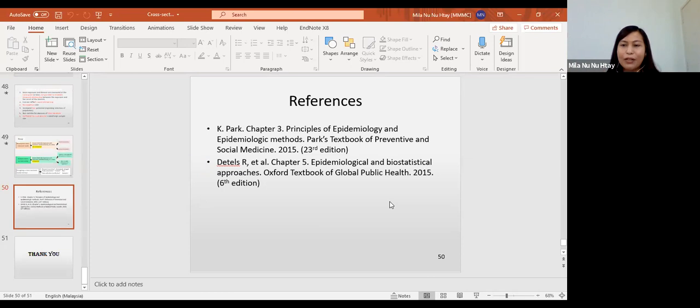So the total sample required is 500 according to the calculation, and 20% of 500 is 100. We add that to make 600. So we plan to collect data from 600, and after subtracting the non-respondents, we will get the net of 500. So did I answer the question?